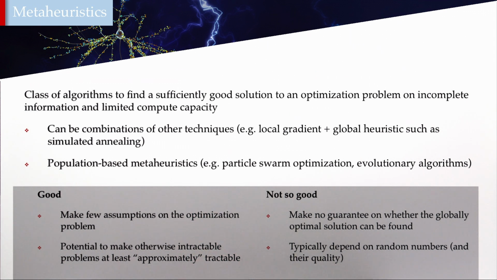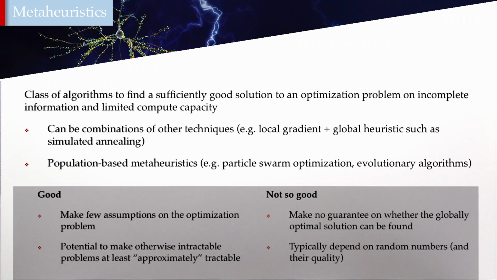And in that sense, meta heuristics is not a categorization of a calculus-based method or an iterative method, but in fact it can be a combination of the two, and people have combined, for example, local gradient descent methods with global heuristics such as simulated annealing.